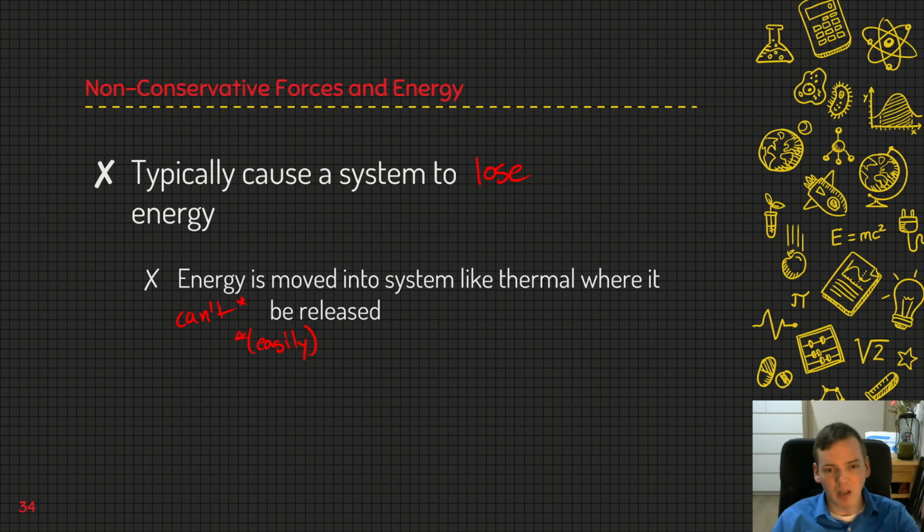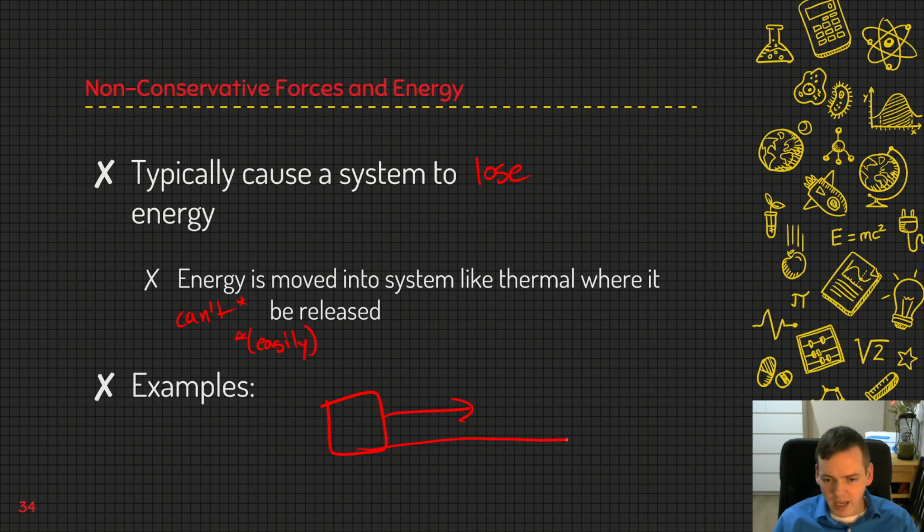Whereas if I throw a ball up in the air, there is a way for that to be turned back into kinetic energy. We just have to let it fall back down to the ground. So for example, if we have a box and you shove it so it has some KE, and it slides and loses that, that energy becomes thermal energy because of friction.